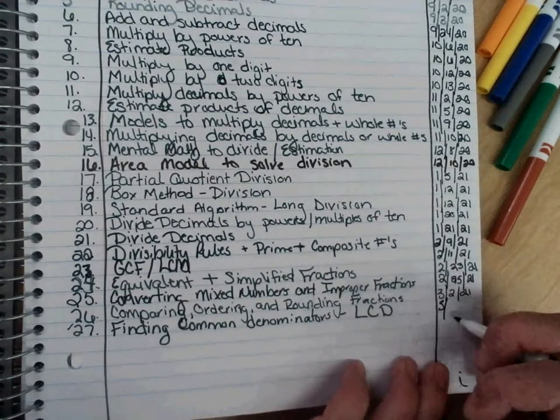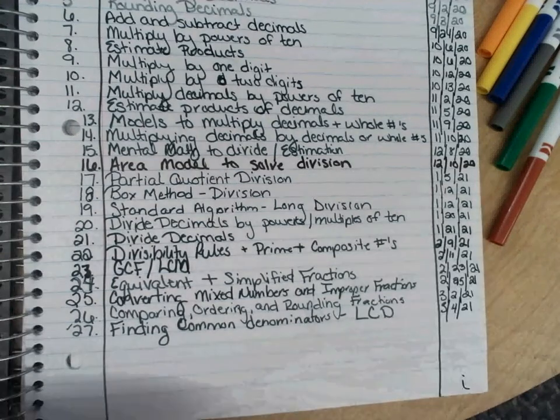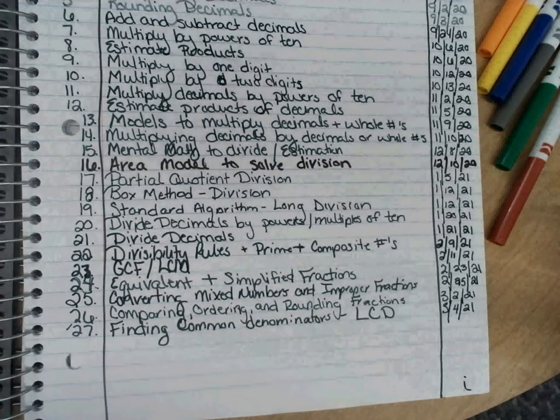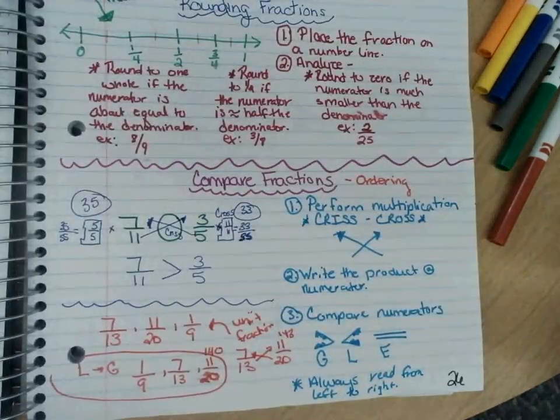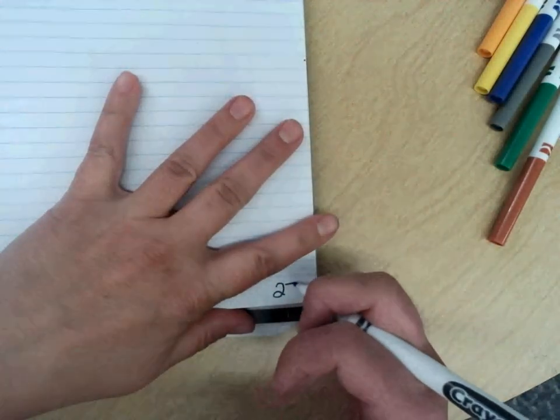And so the date is 3/4/2021. And so we're going to turn to the next available right and left side page, right past page 26, where we did our comparing, ordering, and rounding fractions. Down here on the bottom right, we're going to write page 27.